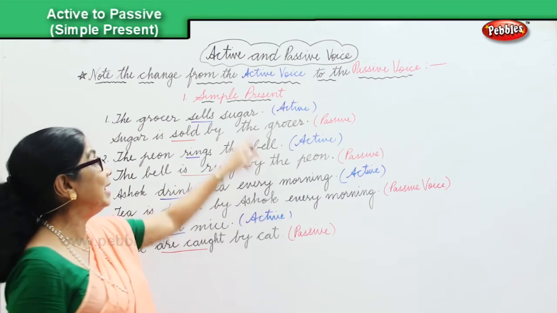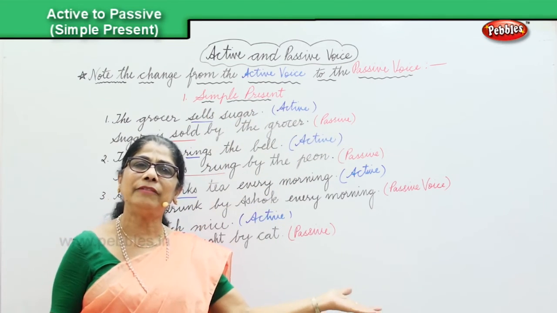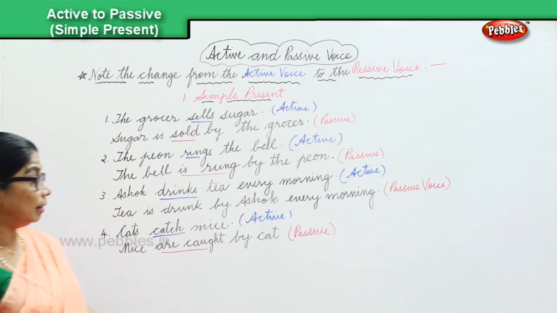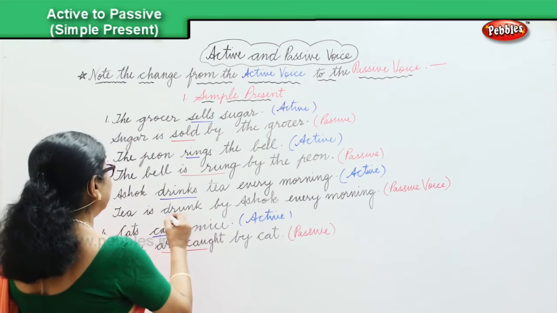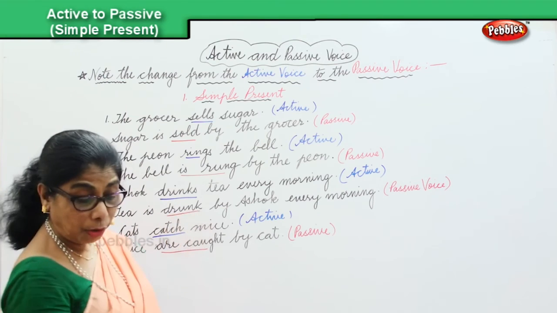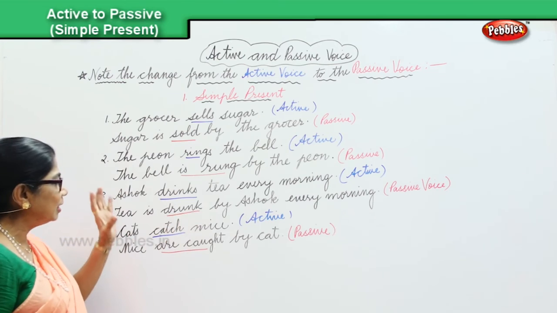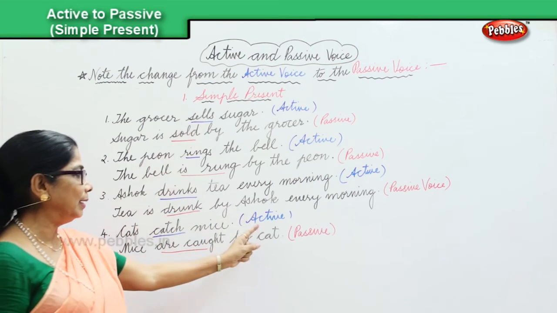Ashok drinks tea every morning. Simple present. Ashok drinks tea every morning. Active voice. The tea is drunk by Ashok every morning. That's passive voice. And finally we have cats catch mice. Simple present. Cats catch mice.